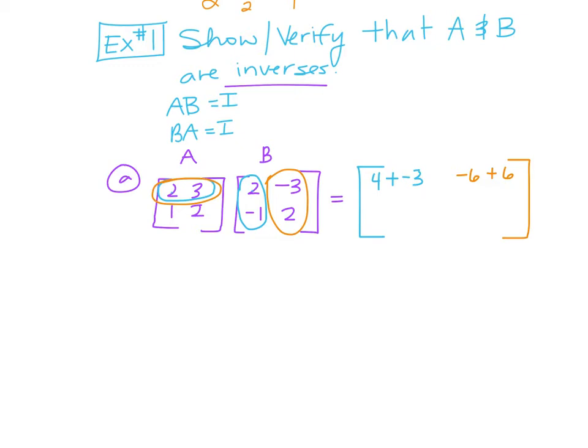Okay, then we do the bottom row with the first column. So 1 times 2 is 2. 2 times -1 is -2. And then we do the bottom row with the second column. So it's going to be 1 times -3 is -3, plus 2 times 2 is 4.